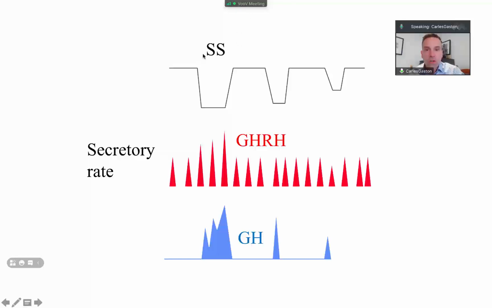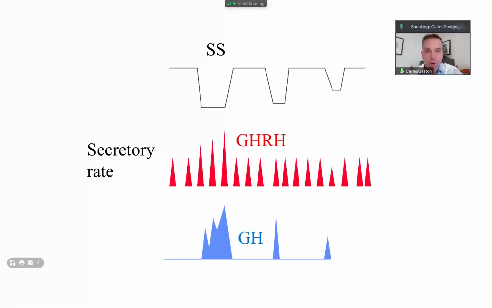Somatostatin inhibits the production of growth hormone releasing hormone, and then you don't have growth hormone production. If you look through the day, when we say there are pulsatile levels, there is an increase during the day, and then a reduction and another peak. So there are different peaks of distribution of growth hormone through the day.